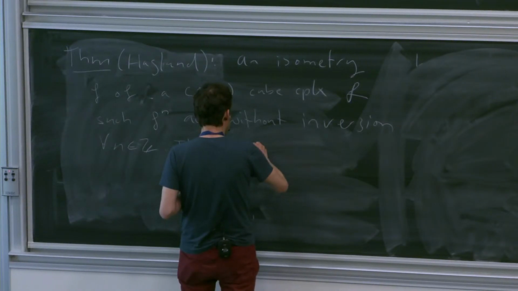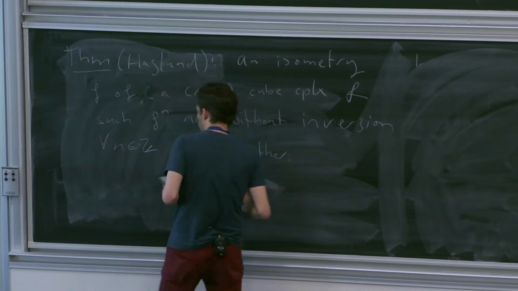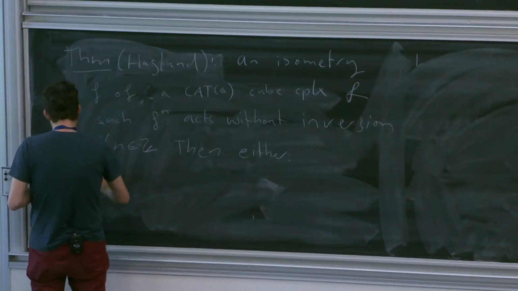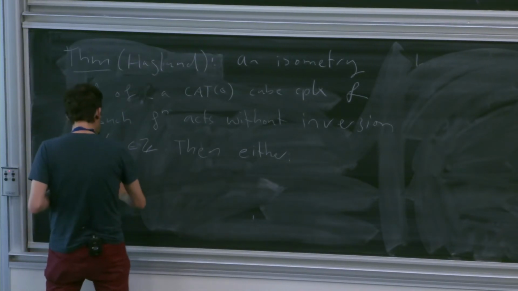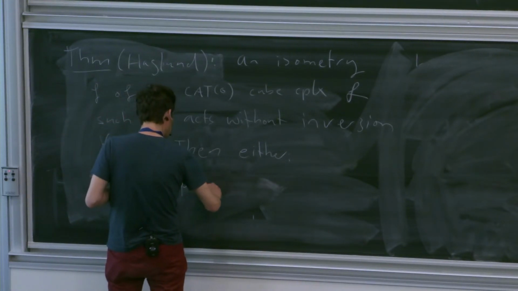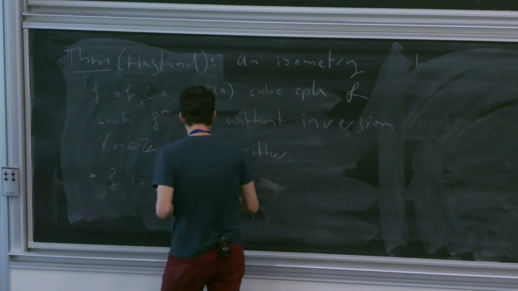The one possibility is that f is elliptic, which means it has a fixed point.